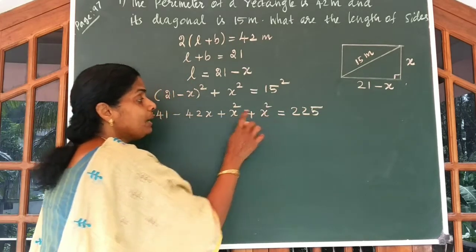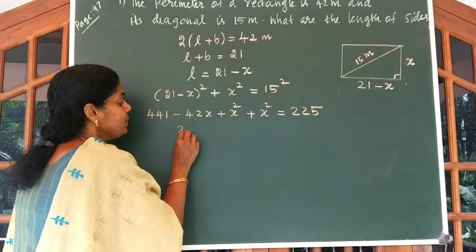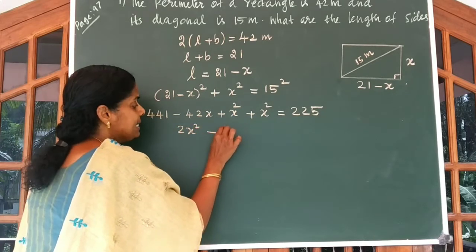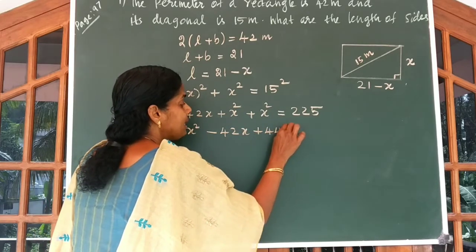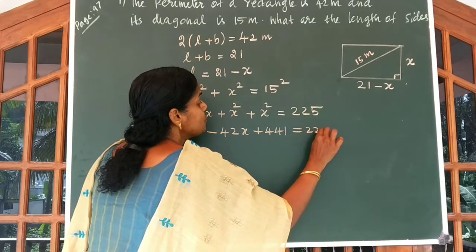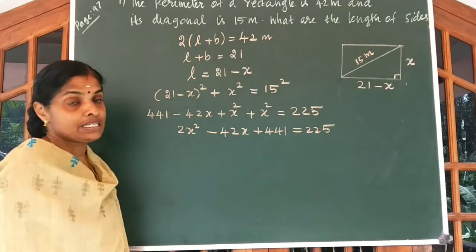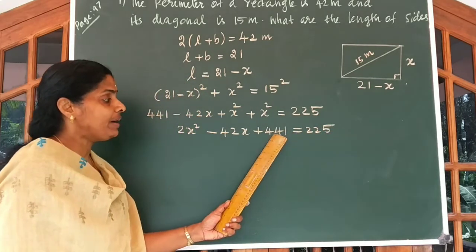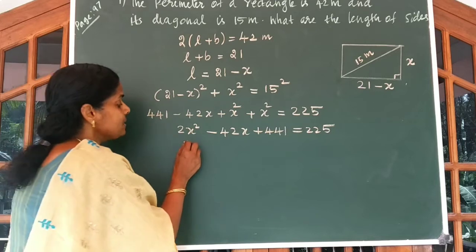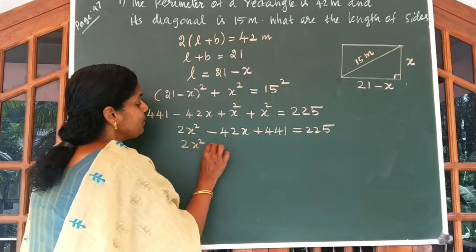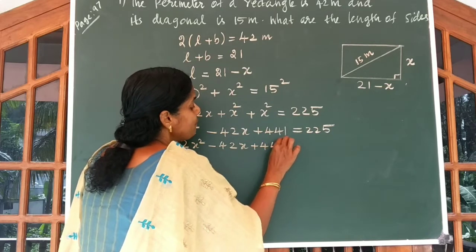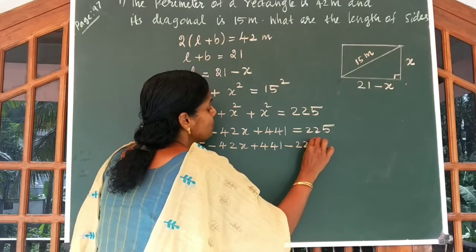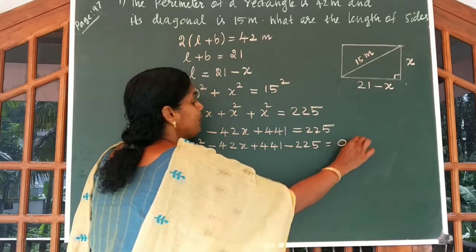Add x square plus x square, you get 2x square minus 42x plus 441 is equal to 225. In the next step, take 225 to this side so that you will be able to write 2x square minus 42x plus 441 minus 225 is equal to 0.